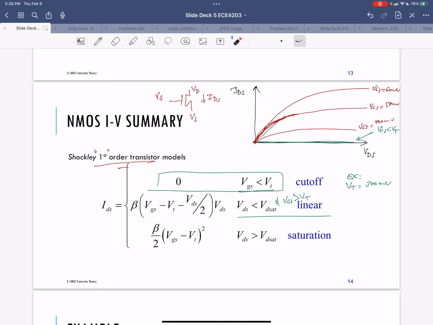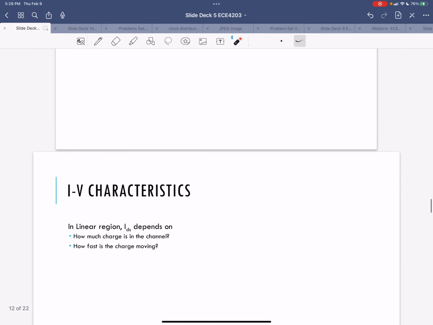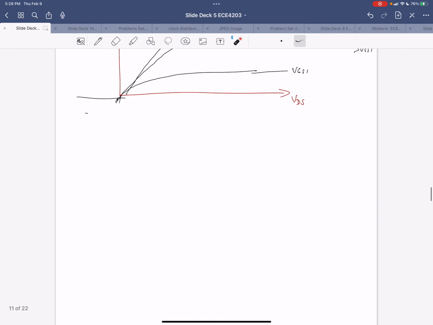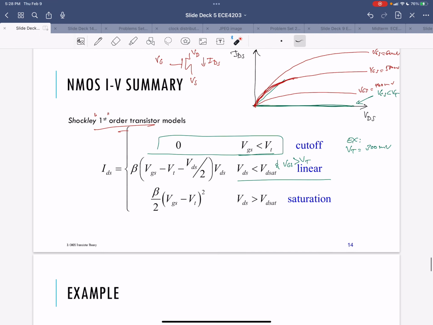Once you hit this pinch-off region that we talked about, once you go into the saturation region, that means your drain source voltage goes higher than so-called VDSAT. VDSAT is defined as VGS minus VT.